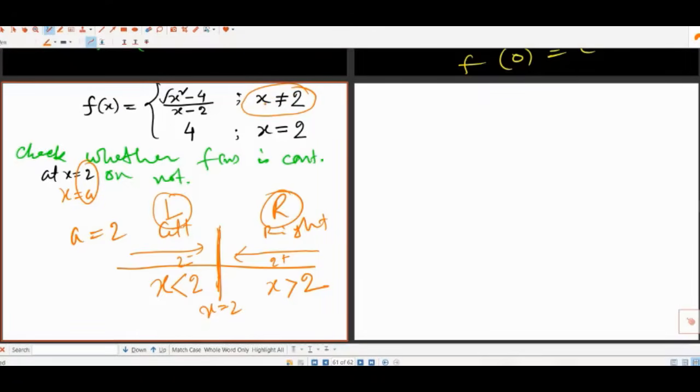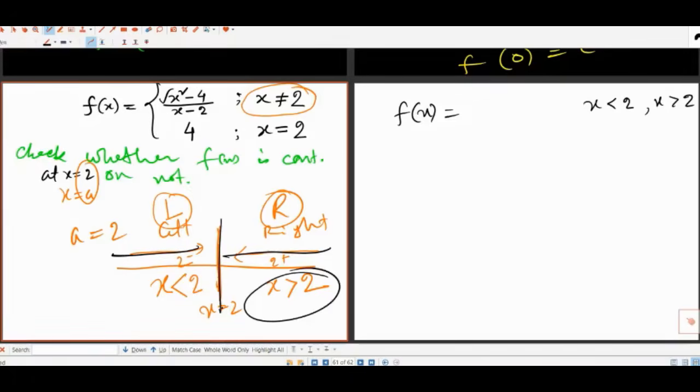No. We have x not equal to 2, which means the same as x less than 2 or x greater than 2. So x not equal to 2 means either we have the right part or the left part.